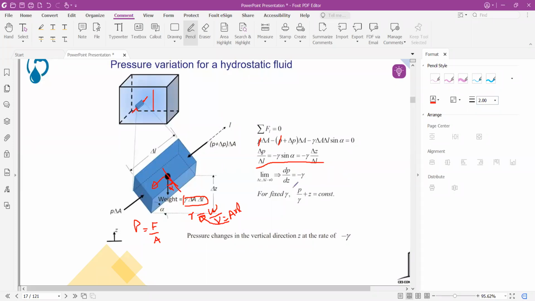And finally, by just solving these equations, we get the hydraulic grade line equation. So this is basically the pressure head. Pressure head is equal to gamma h. So h is equal to P by gamma.